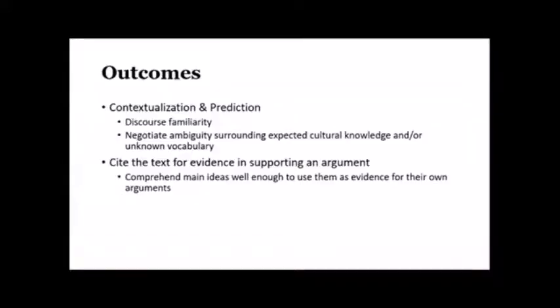So in the end, if they do this successfully, they're paying explicit attention to the things that are going to trip them up as they're trying to move towards autonomous listening. They're building their ability to contextualize what they're hearing, to follow these discourse markers, to negotiate unknown cultural knowledge.